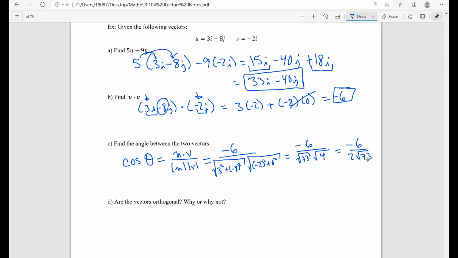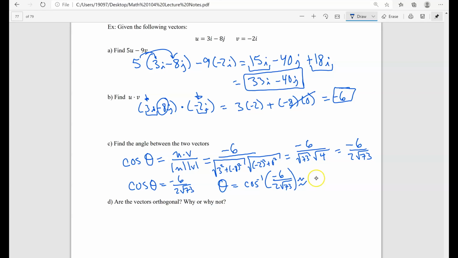Right now, this is not the answer, because we have that the cosine of theta is equal to that. So now you want to take the cosine inverse. Theta is going to be equal to the cosine inverse of negative 6 over 2 square root of 73.